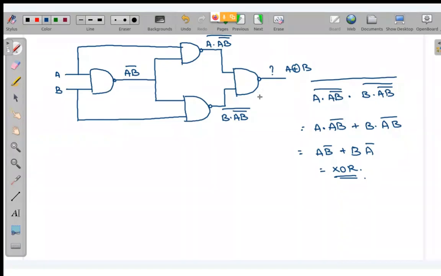Now if I simply want XNOR, so we know what? Simply for constructing this NOT, we require one more NAND gate. So simple.